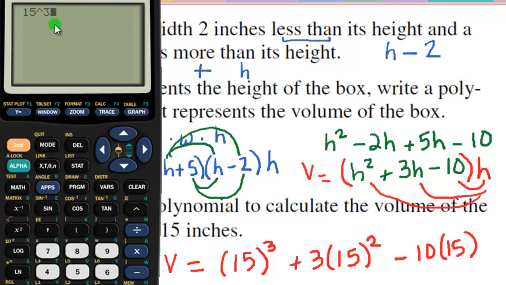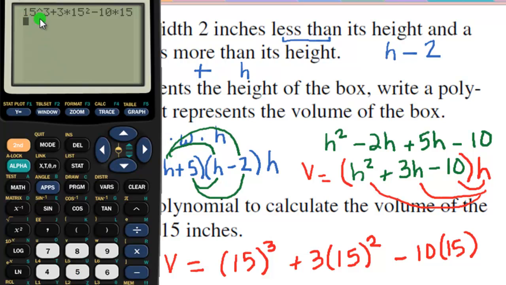So 15 cubed plus 3 times 15 squared minus 10 times 15.